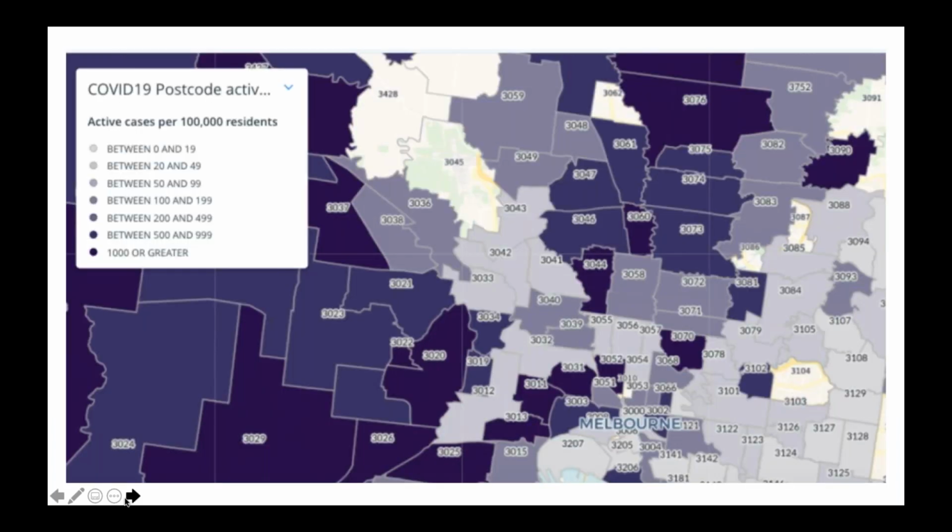And if you look at our region, this is just by postcode, it's still essentially affecting the northwest. So this is all available on the DHHS website, and you can sort of drill down into your own relevant postcodes. And you kind of see that even within local government areas, there are particularly hard hit postcodes. I didn't include the whole of Western Melbourne, but just to give you an idea about what's happening.